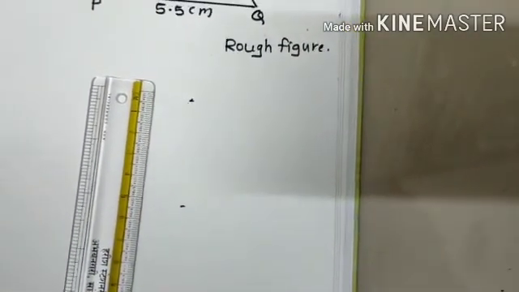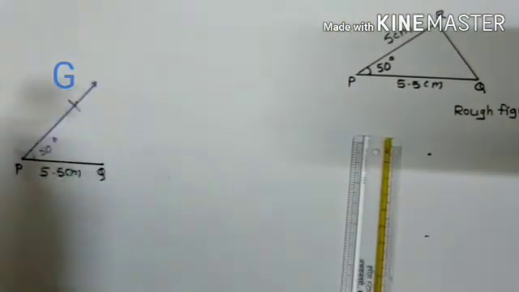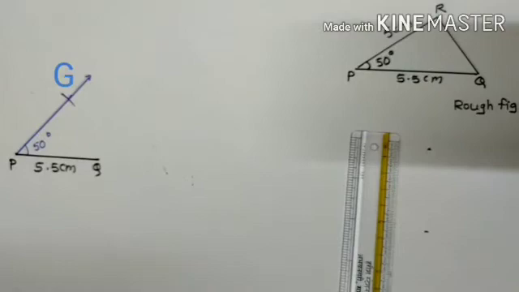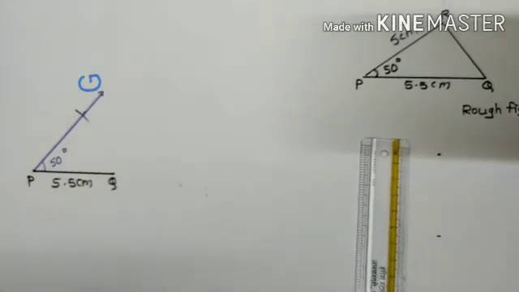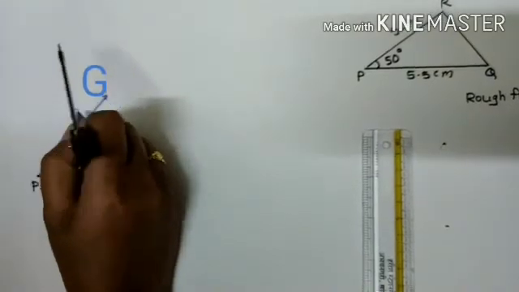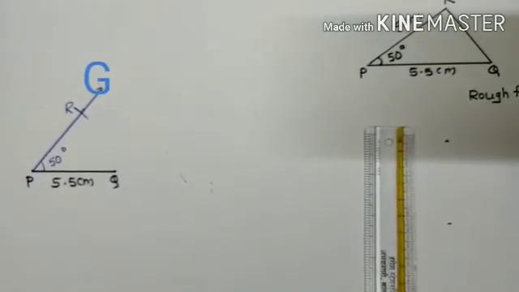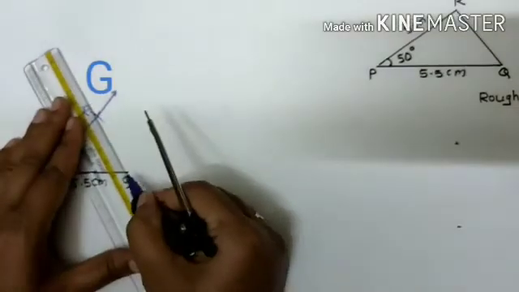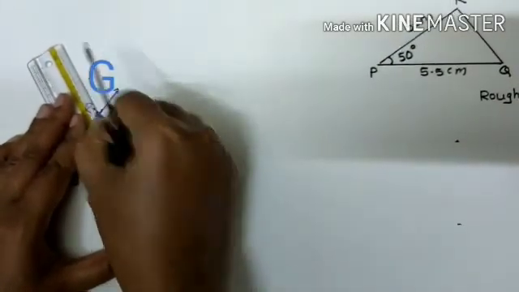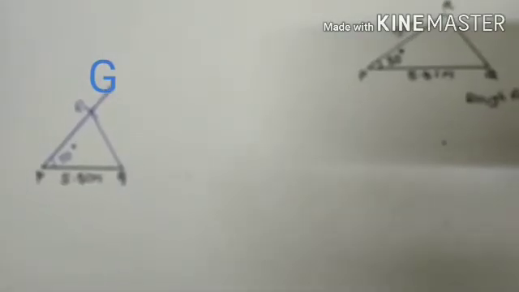Placing the compass point on P, draw an arc to cut ray PG at point R. Join points Q and R. Triangle PQR is the required triangle.